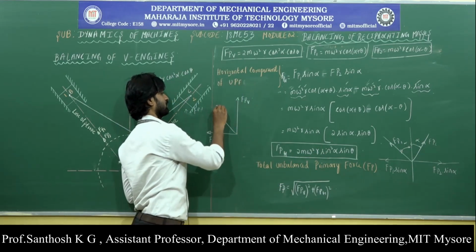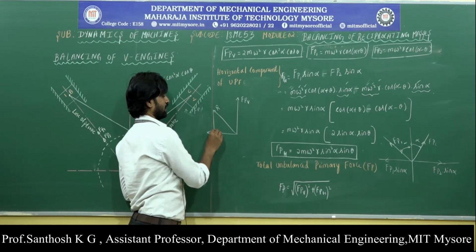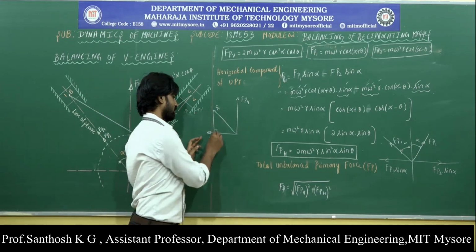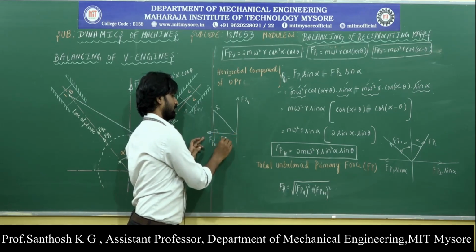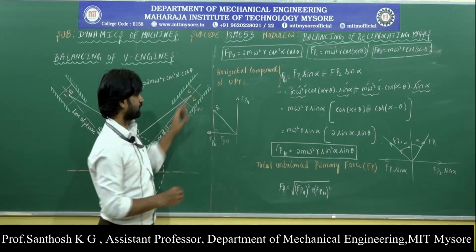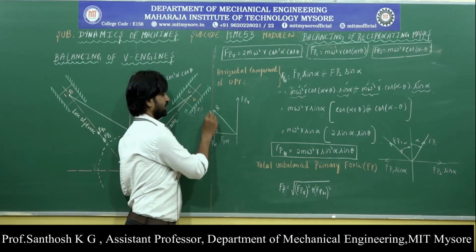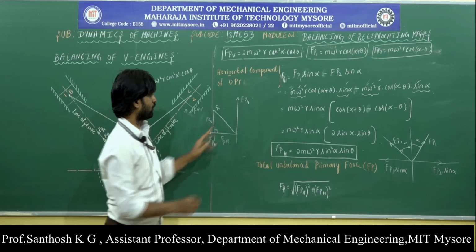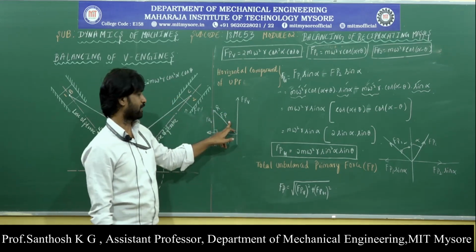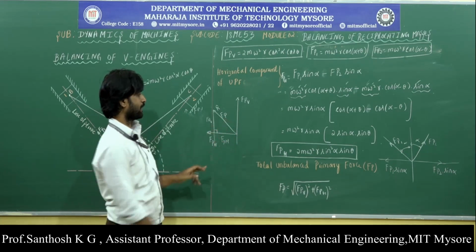Now in order to get the value of the resultant, I can make use of a right angle triangle and the Pythagoras theorem, where the horizontal component represents Fph, the vertical component represents Fpv, and the hypotenuse represents the resultant primary force.